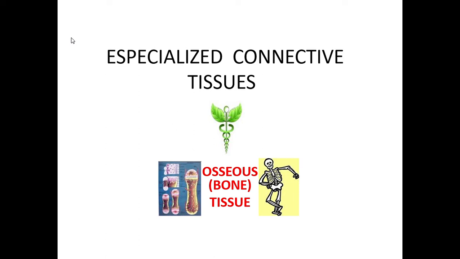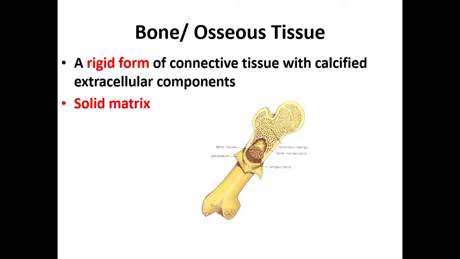Or osseous tissue, another specialized type of connective tissue. The first one that we have tackled was on cartilage. The bone or the osseous tissue is a rigid form of connective tissue with calcified extracellular components, or ECMs.